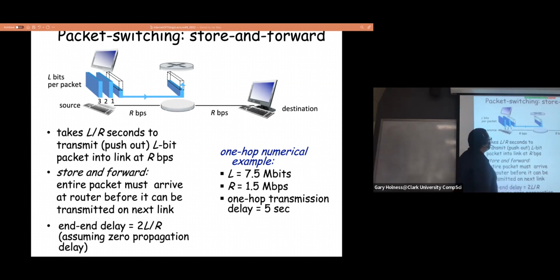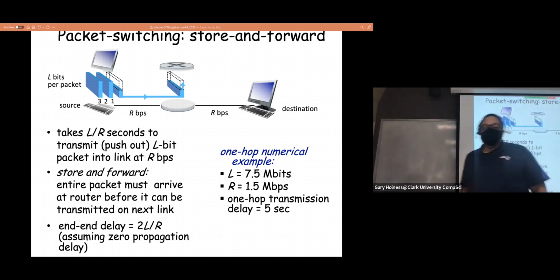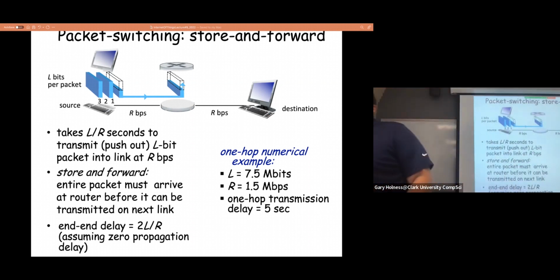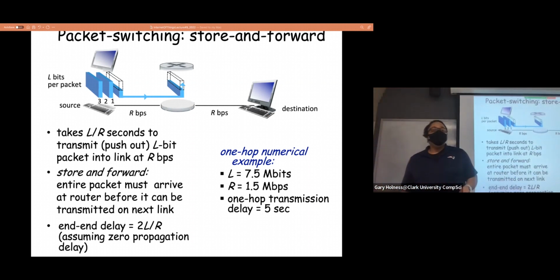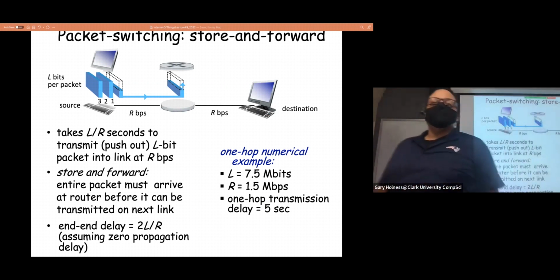So in this case, if you had the same transmission rate for the first link and the same transmission rate to get signal information onto the second link, you're going to pay twice that cost. And so if L over R is the transmission delay, the end-to-end transmission delay is going to be 2 times that: L over R for the delay across the first link, and L over R for the delay across the second link. But wait, there's more, to use the infomercial.